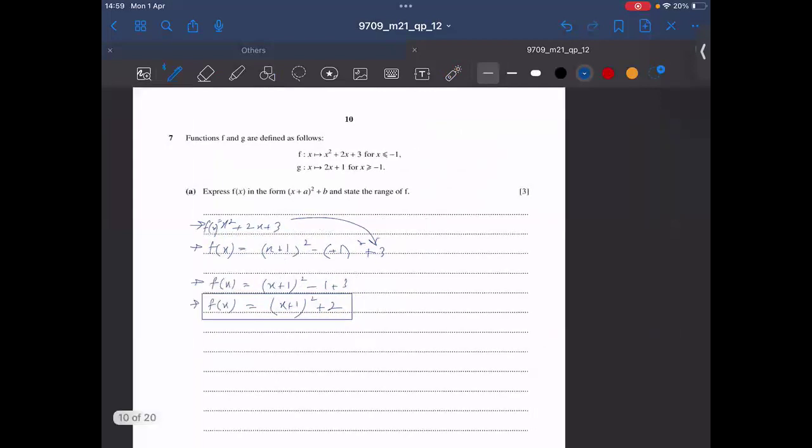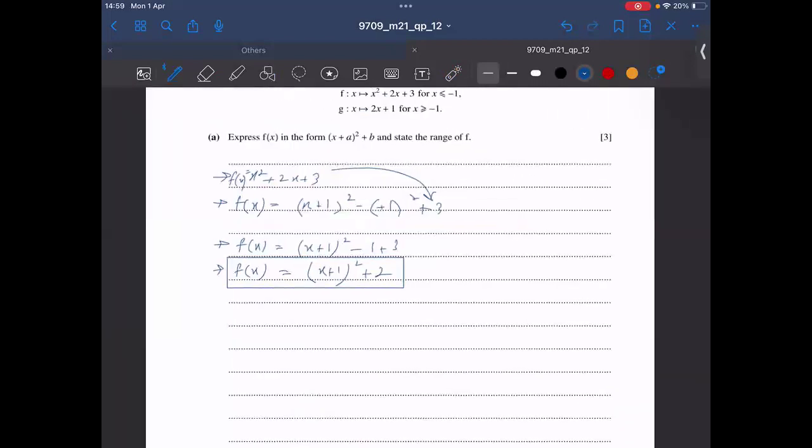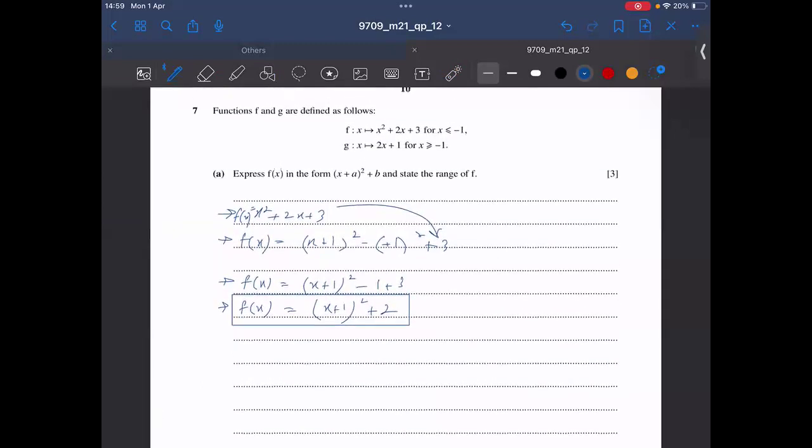Okay. Now the next part says we are supposed to find out the range of f. Iman, can you tell me what would be the range of f of x? This is a quadratic function, and you can easily sketch the graph because we have the coordinates of the turning point, minus 1 and 2.